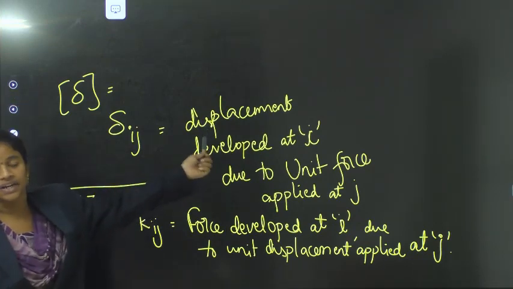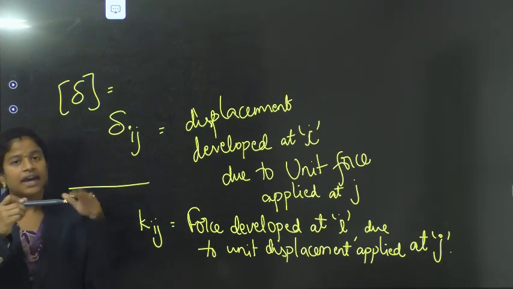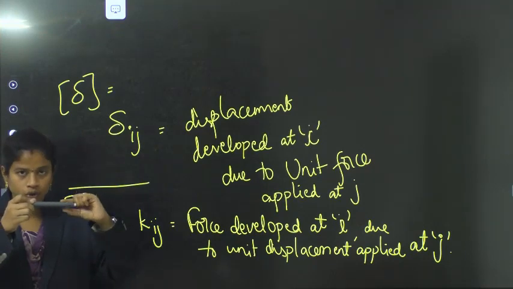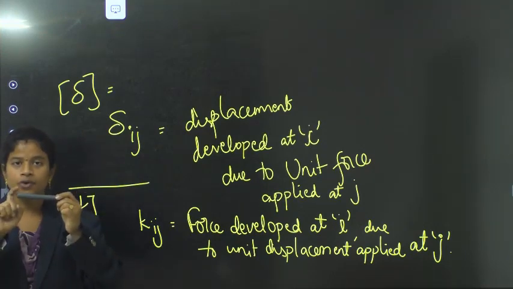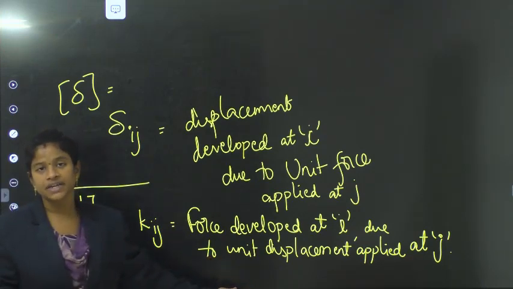That is the condition. Or in some other way, when I am giving some displacement, one unit displacement I have given, due to this unit displacement, how much force is developed at A? That is the corresponding stiffness matrix.